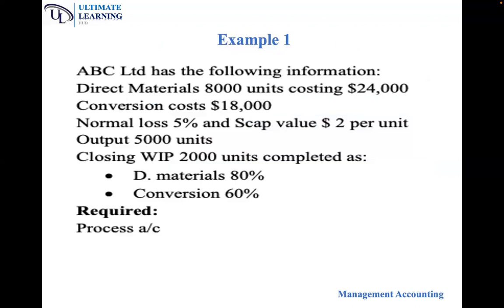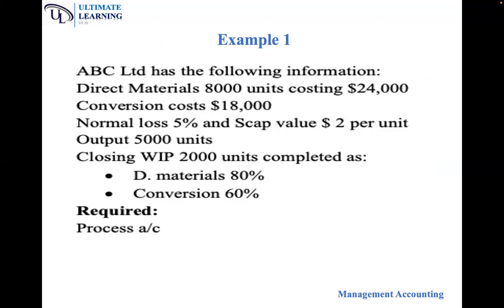We have an example that we want to do also through Excel. In this example, we are told ABC Limited has the following information: direct materials, 8,000 units, costing $24,000. Conversion costs $18,000, and normal loss is 5%, and the scrap value is 2% per unit.